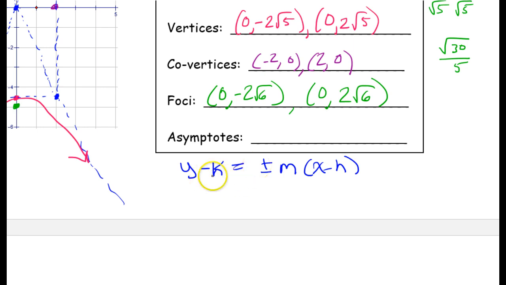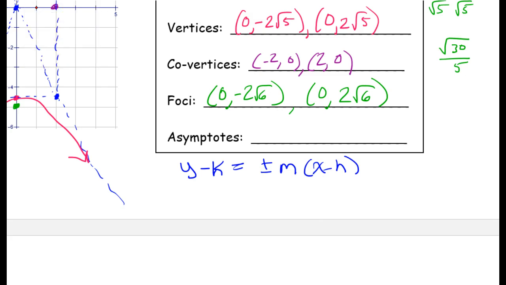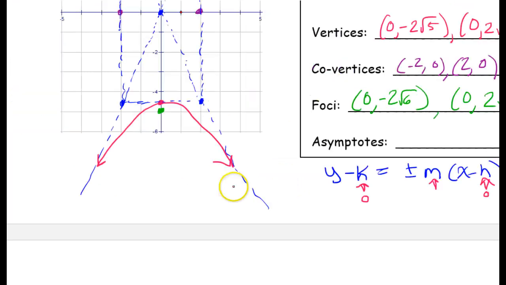So really this is just point-slope form of a linear equation. m is the slope and the point is the center. So because the center is (0, 0), we're just going to substitute in 0 here and 0 there. So these are basically gone. All we need is the slope. What will the slope be?